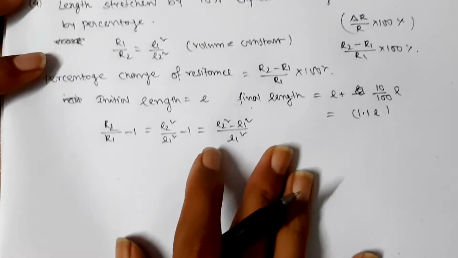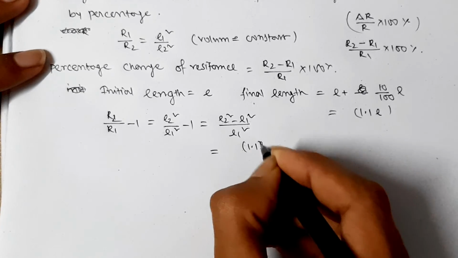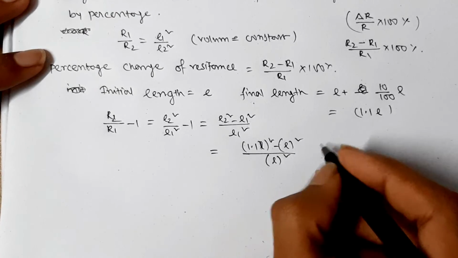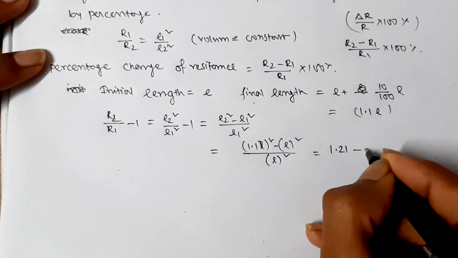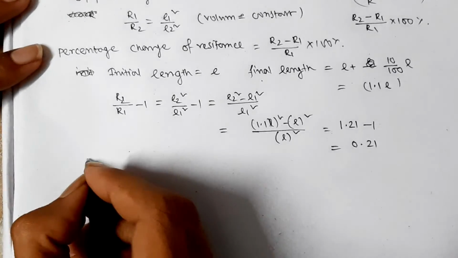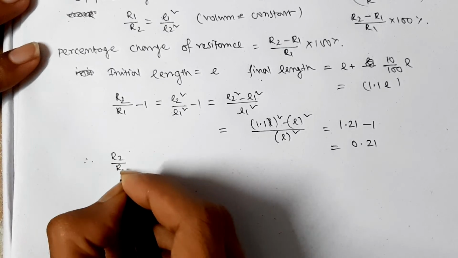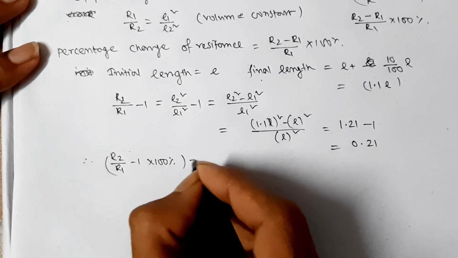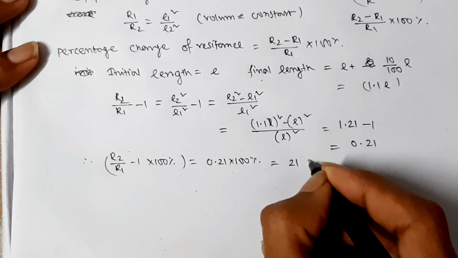So this is 1.1 L the whole square minus L square by L square. So 1.21 minus 1 is 0.21. So percentage change is equal to (R2 by R1 minus 1) into 100%, is equal to 0.21 into 100%, is equal to 21%.